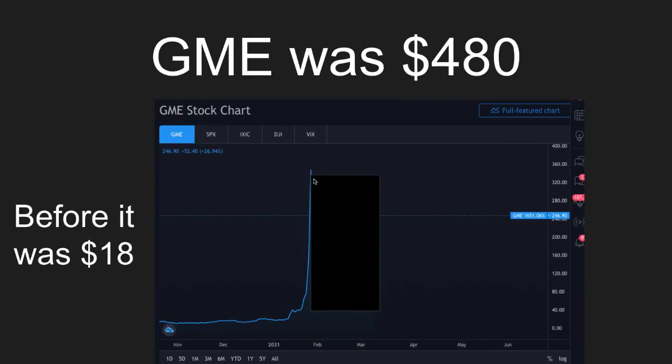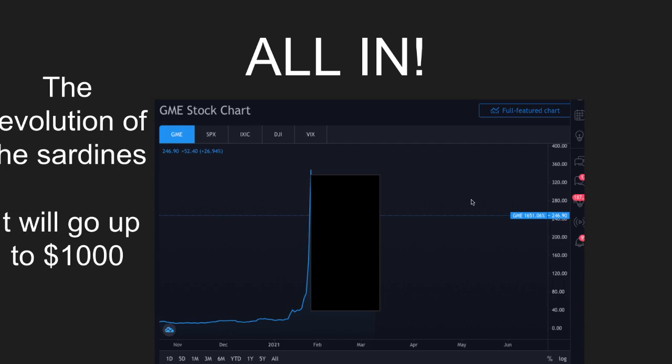So after that, you can see the price went all the way up to $480, okay? And what happened next? If you were following that thread on Reddit, Wall Street Bets, you would see posts like, oh, we're all in, let's put our money here because this is going to go all the way to 1,000 US dollars, okay? So you heard a lot of gossip that it would go all the way to 1,000 US dollars.